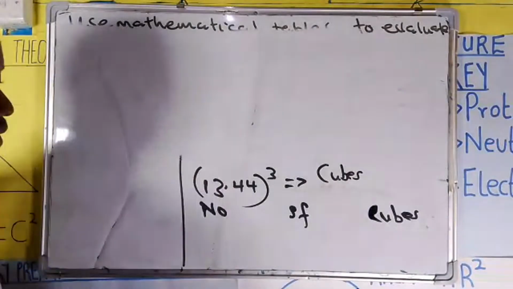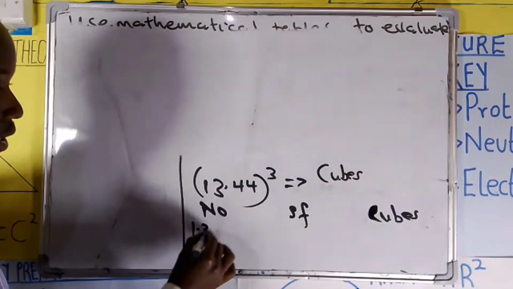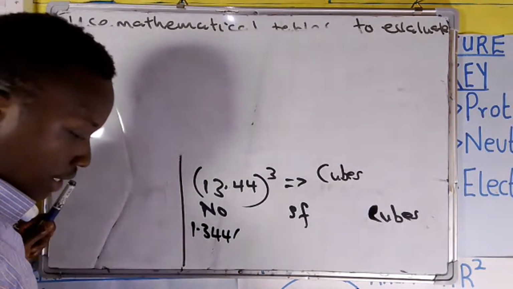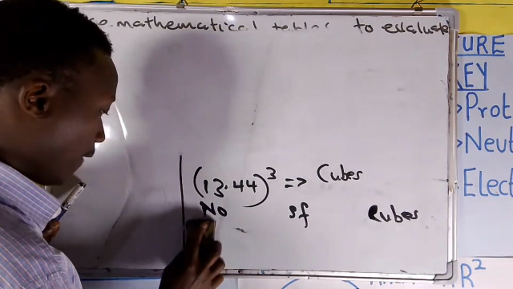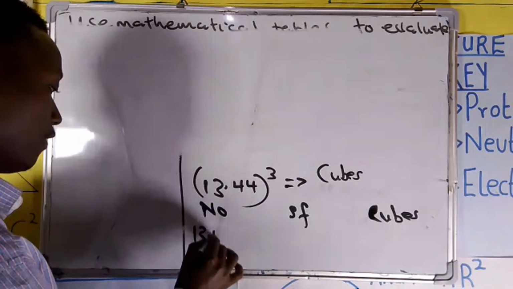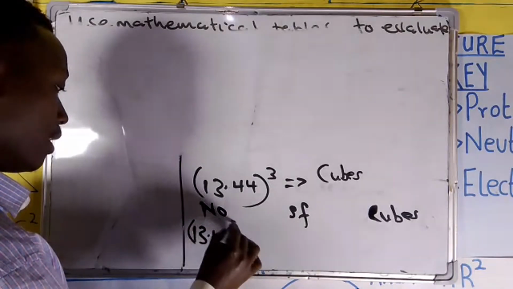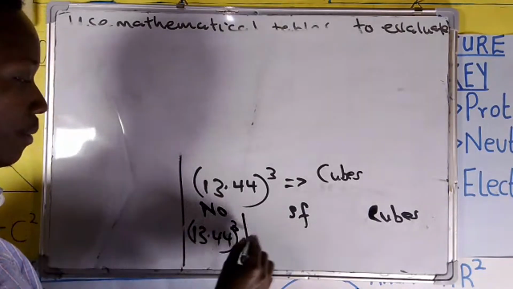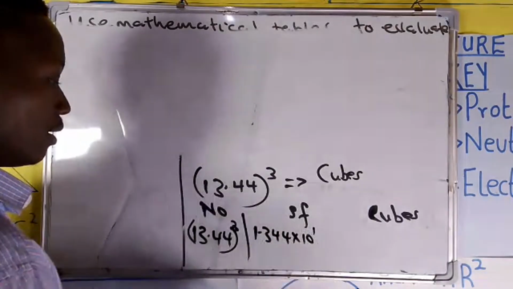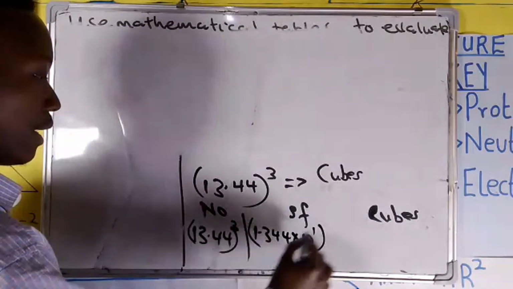We are supposed to first write it as a number. It will be 13.44 cubed. So in standard form, it will be 1.344 times 10 to power 1. Then we are cubing.